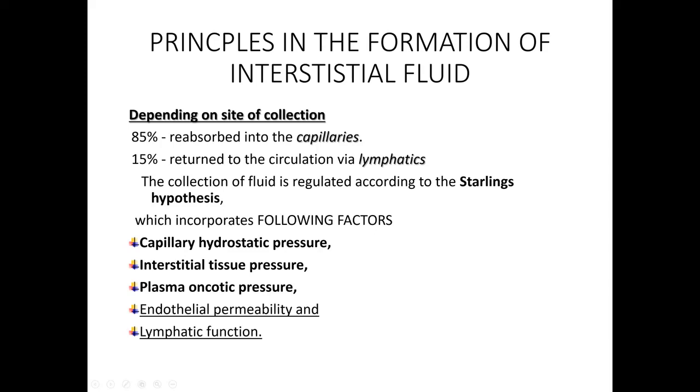The collection of fluid in the tissue spaces is regulated according to Starling's hypothesis, which incorporates the following factors: capillary hydrostatic pressure, interstitial tissue pressure, plasma oncotic pressure, and then there is endothelial permeability and lymphatic function.